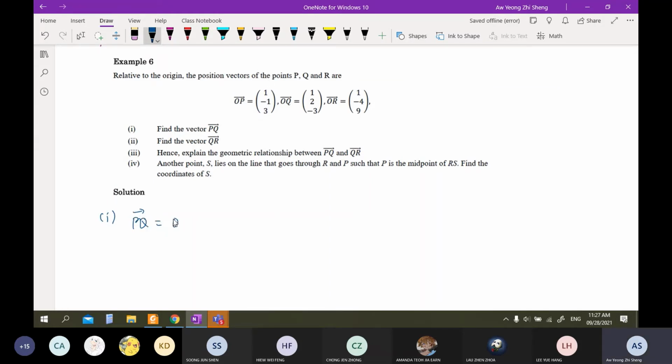PQ can be written as O to the end point minus O to the starting point. We covered this in the previous lesson. Any vector can be written as O to the end minus O to the start. So just sub in the values. That's it.